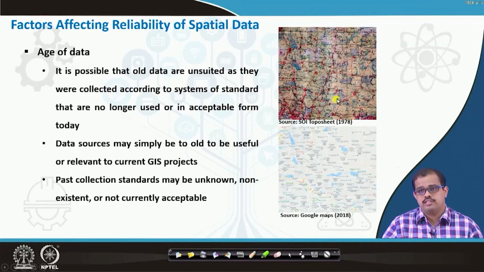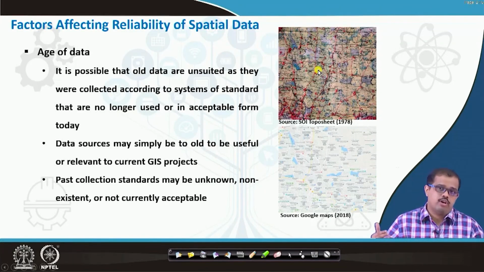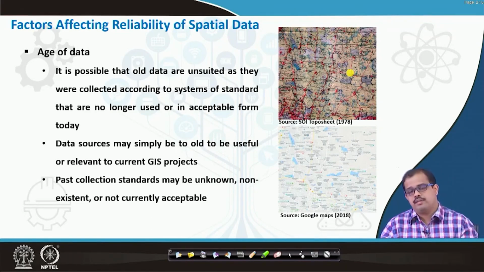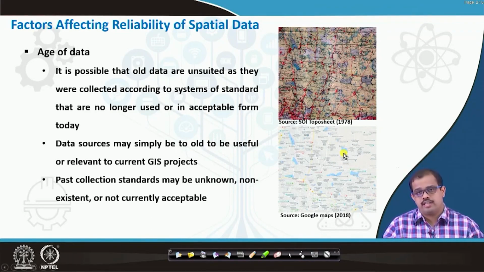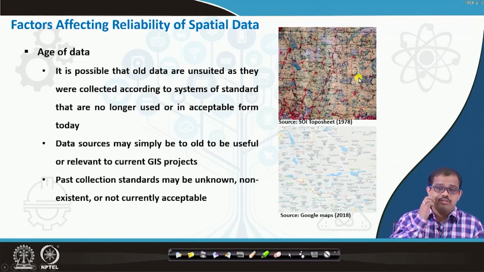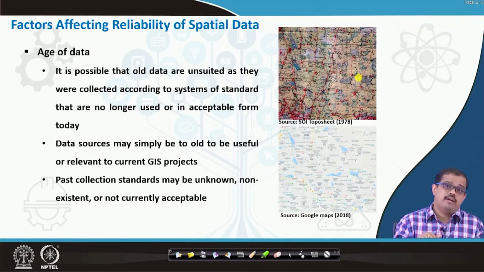And when you look at the SOI topo sheets, they are normally not updated very frequently and date from the 1970s onwards. So if you are trying to look at these two, then this old information may not be logically important in terms of analyzing this particular data in today's context, but it can provide a vital source of information for your data model.